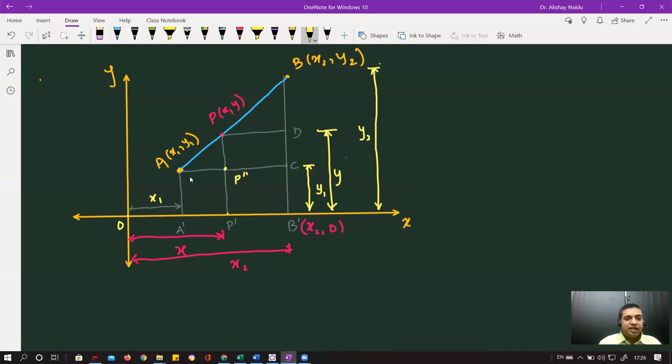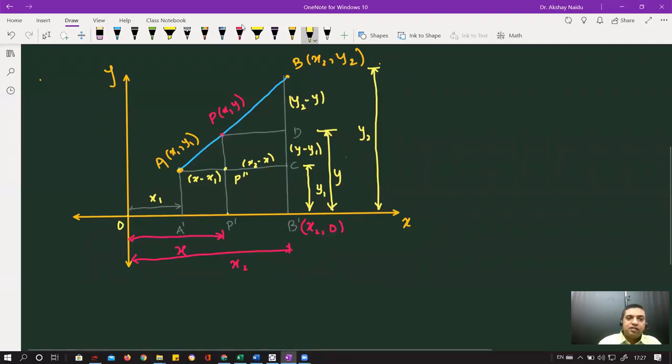So this will be x minus x1. And this distance will be x2 minus x. Similarly, this distance CD will be y minus y1, and this is y2 minus y.